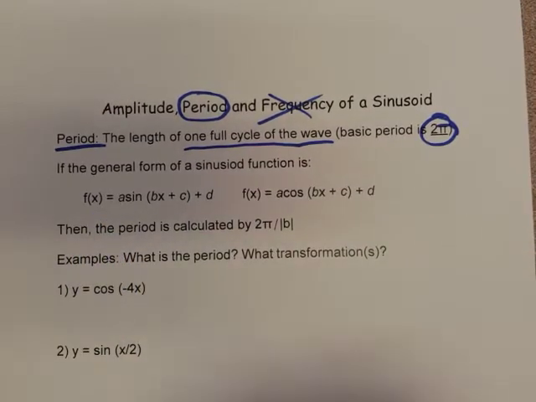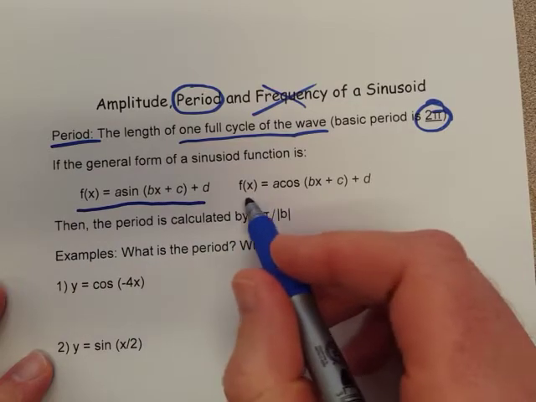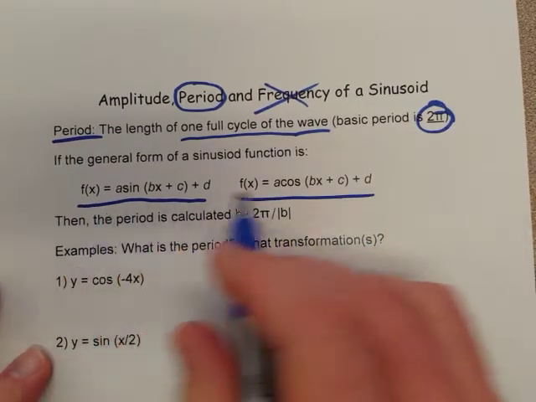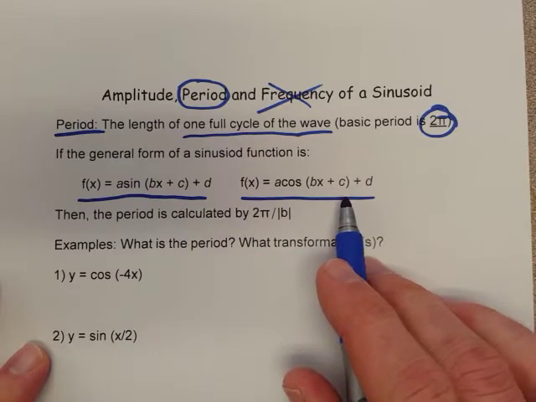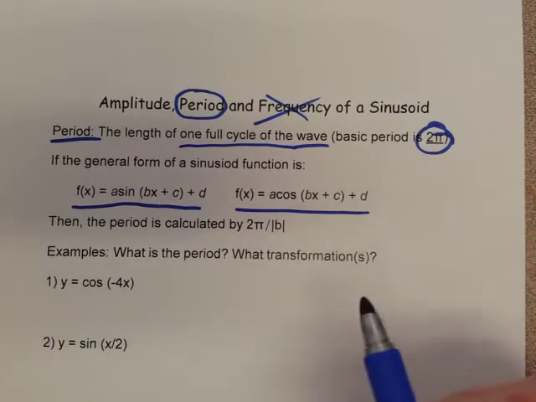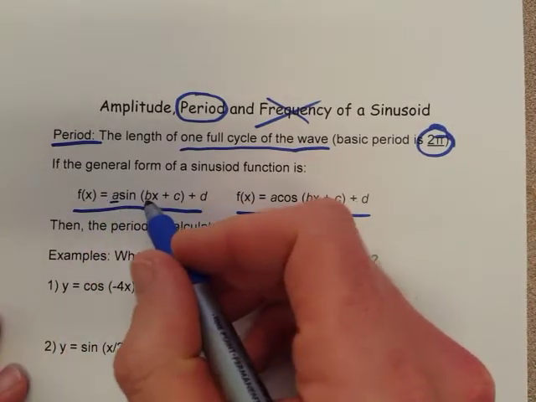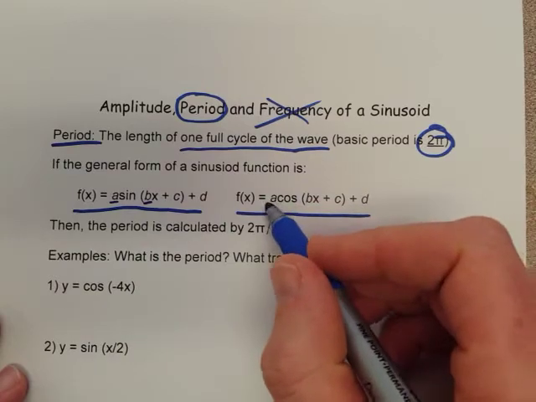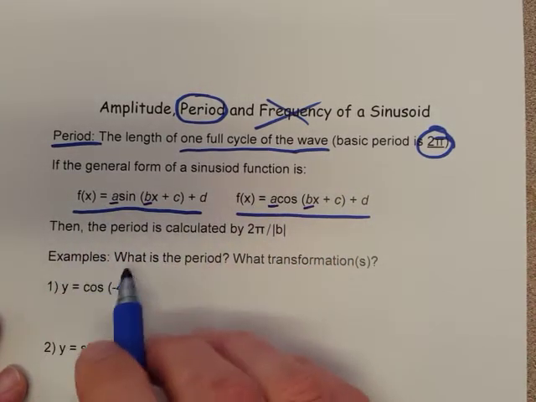One thing that I haven't mentioned yet are the two forms of sinusoids, or sine and cosine graphs. And these include all the different possible transformations that'll be happening when we're graphing a sine or a cosine. One thing to know is that today all we're going to be looking at is A and B. We already talked about A, that was for amplitude.